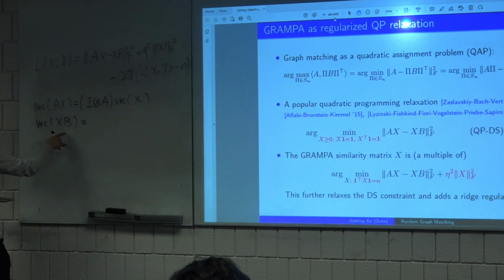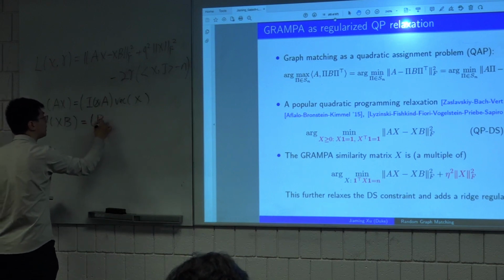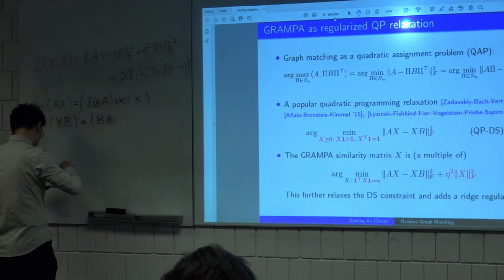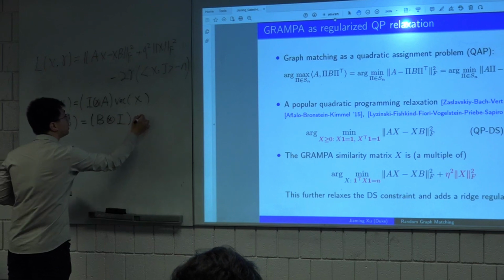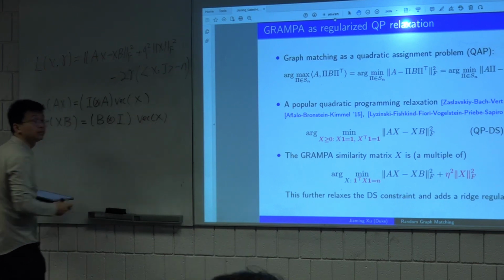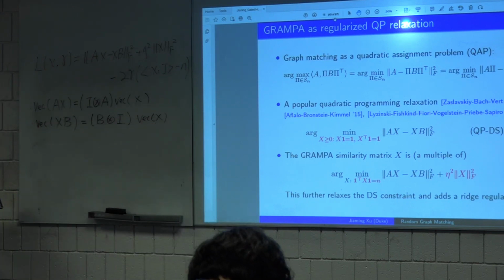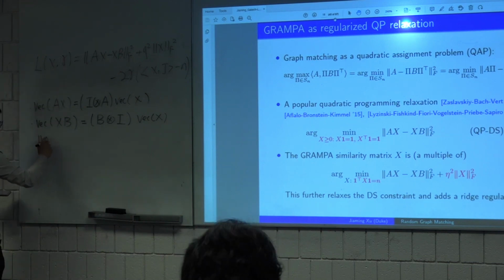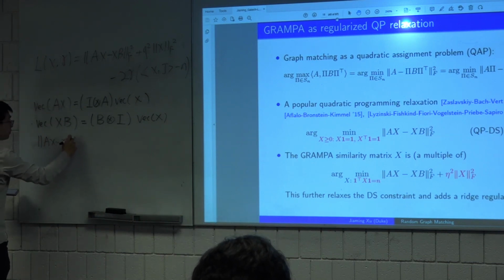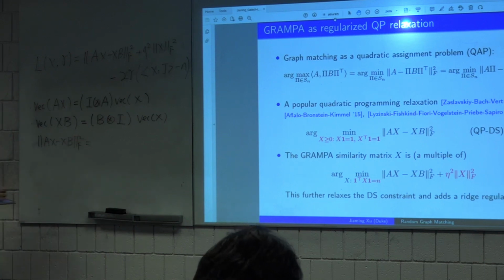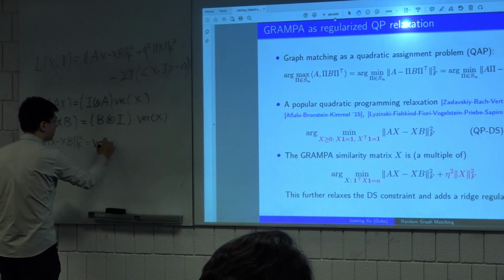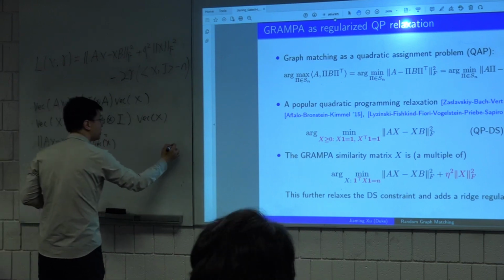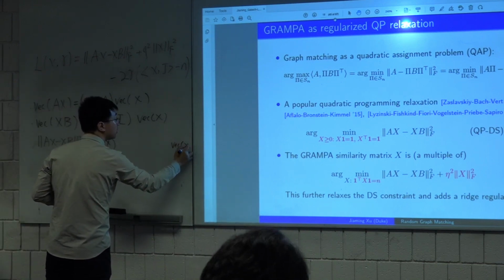When you have the vectorization of XB, you have this funny form of B Kronecker with A, times the vector of X. The reason I'm doing this is because now I can rewrite this Frobenius norm as a quadratic form, like the vector of X transpose times the vector of X.